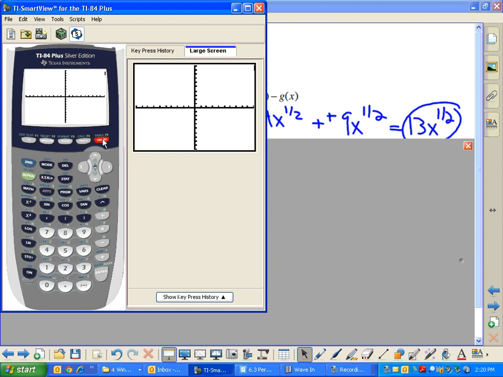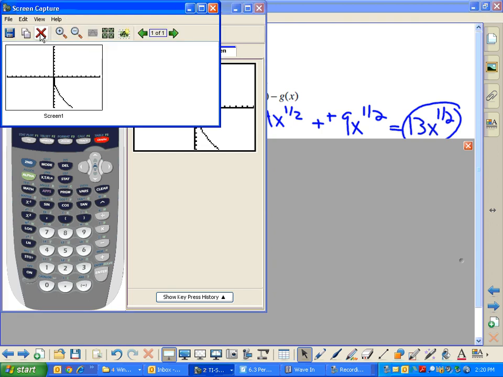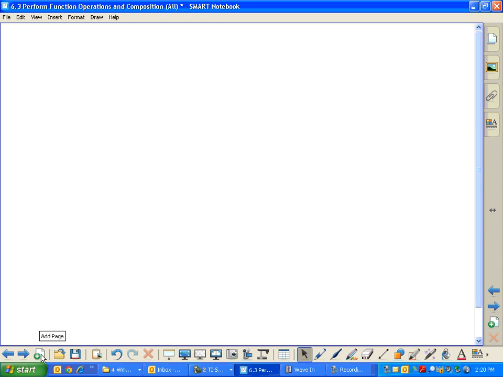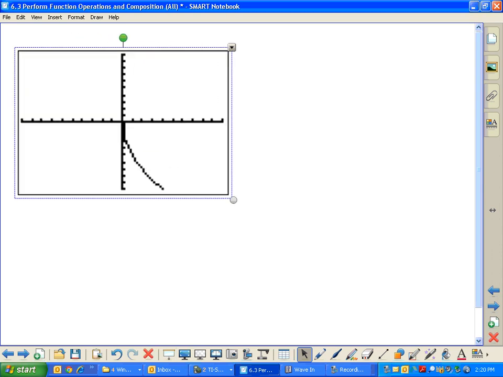It's going to graph it in y2, that's okay. So you'll see that you get this graph. I'm going to screen capture it so we can talk about it a little bit. So we get this graph for our function here, y equals -5x to the 1/2.